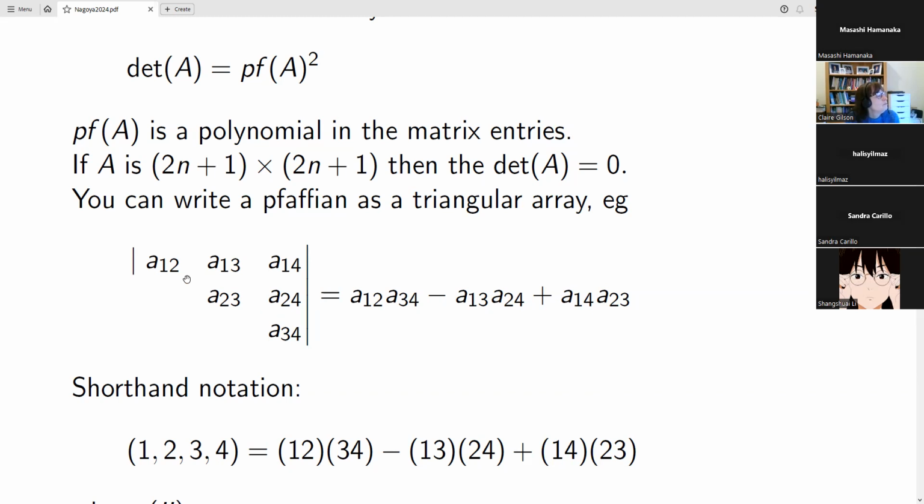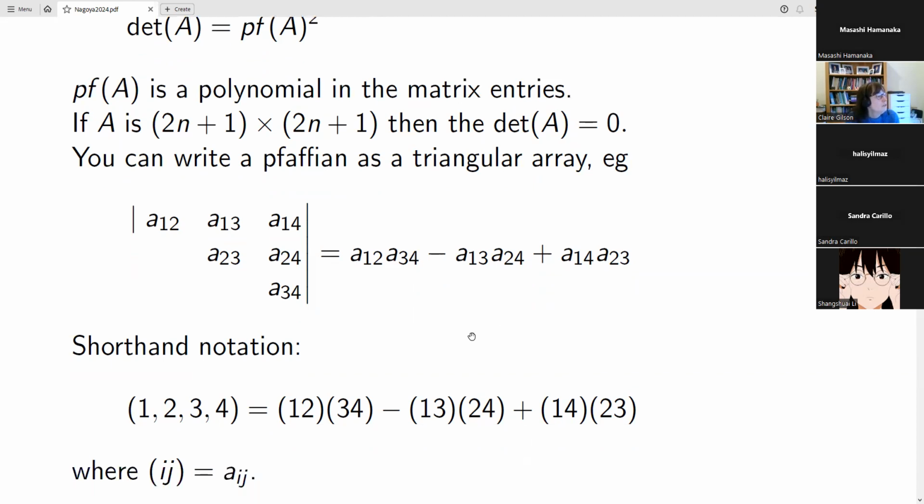When you do the expansion, you expand about this entry and you cross out the row and the column it's in, or the two rows it's in, and then you're left with A34, and likewise, so you can get an expression using this triangular array for your Pfaffian.